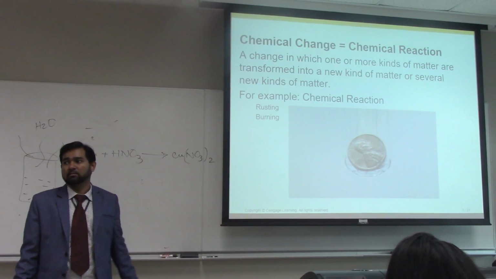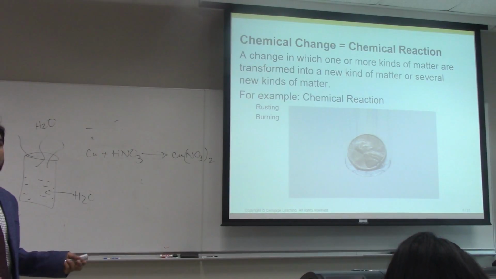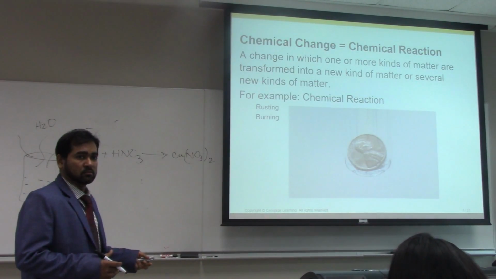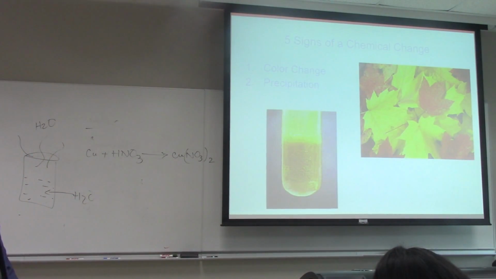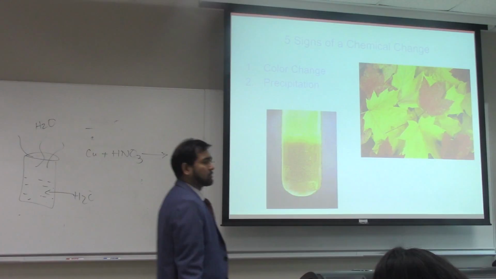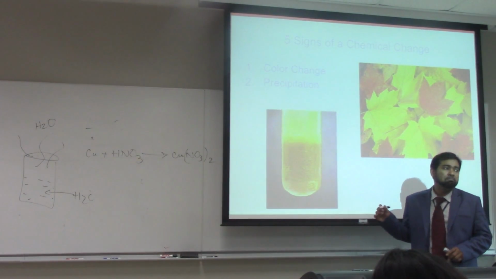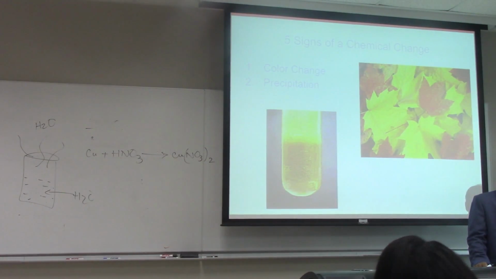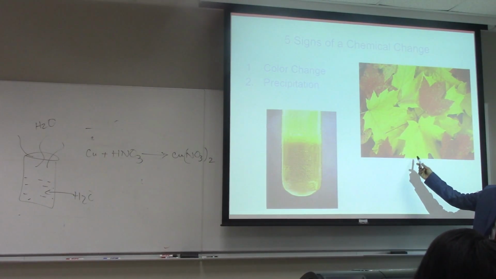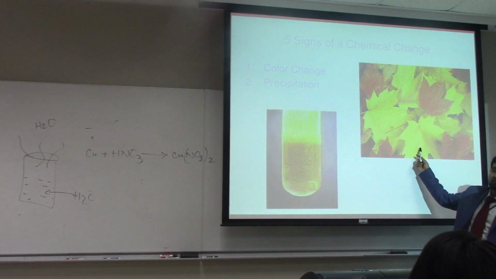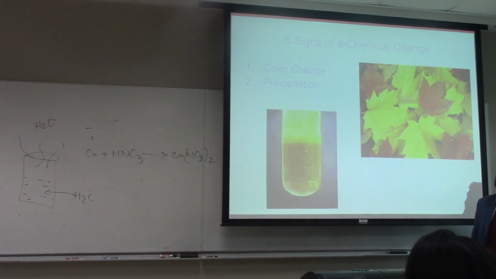So 2 points you can remember. One is changing the composition and changing its property, and it's not reversible. That's called chemical change. Chemical change has some signs. For instance, it's changing its color. It's making a precipitation. So if it is forming a precipitate or changing a color, can you make these leaves go back to green? No. It's a permanent change, right? It's not reversible.